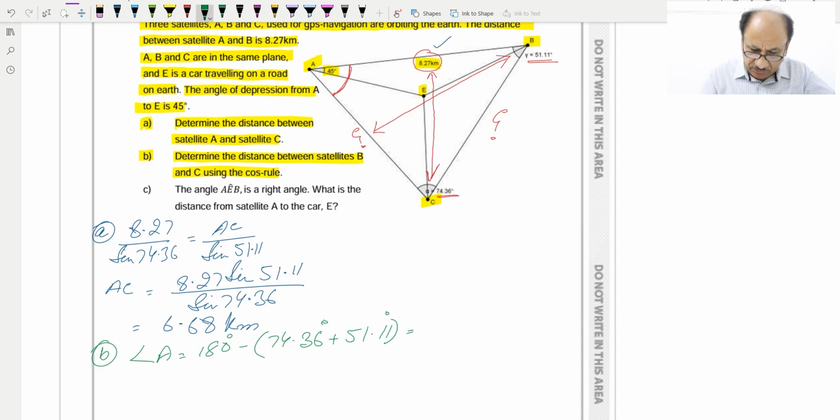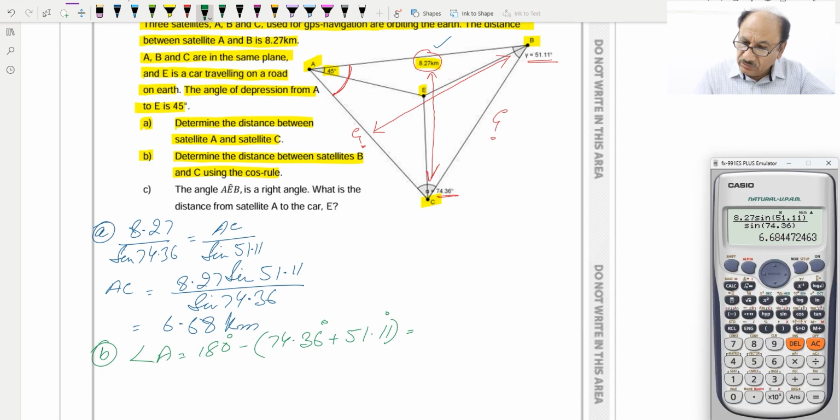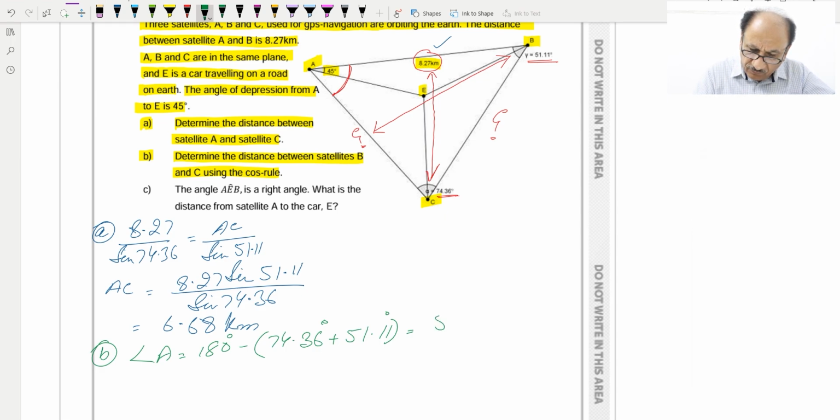We can write 180 minus, in brackets, 74.36 plus 51.11, and this will give us 54.53 degrees. Now 54.53 degrees is this angle.